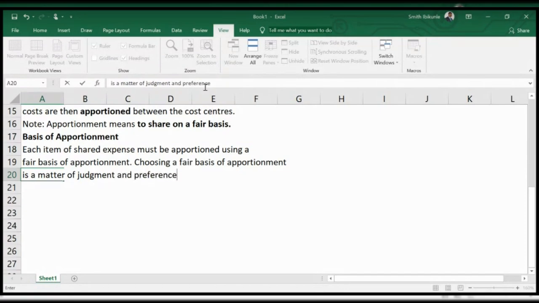So you look at the base of apportionment you are given, right? And look at the best that will suit the particular expense that you are trying to share. Okay.